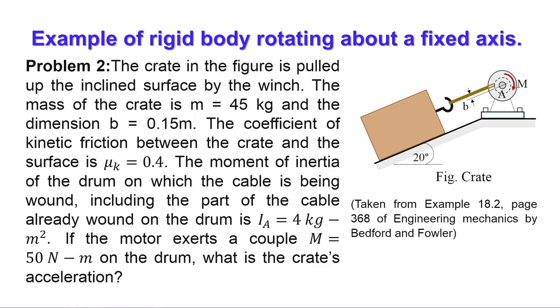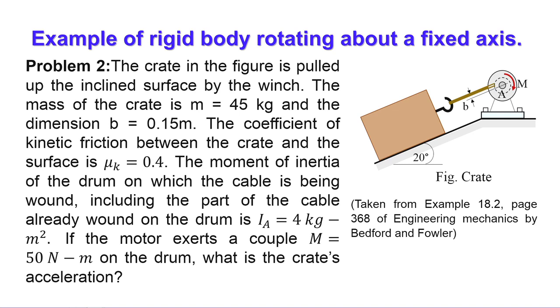Here let us take one example. Here is a crate, it is being pulled by a winch. This winch, that wheel, has a rope, and the crate is pulled up the inclined surface.